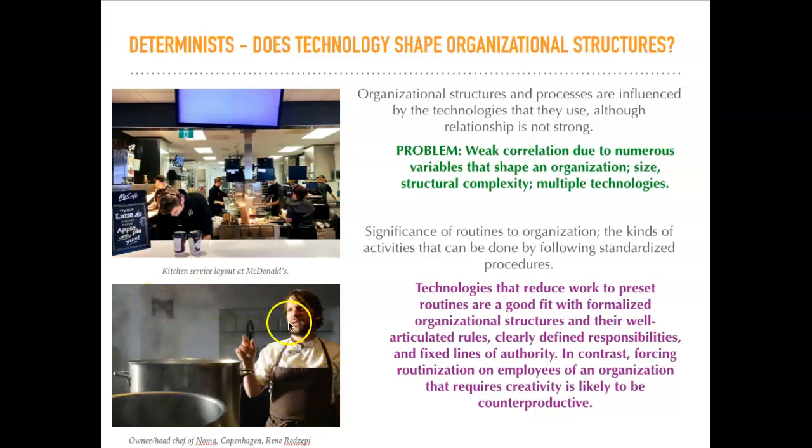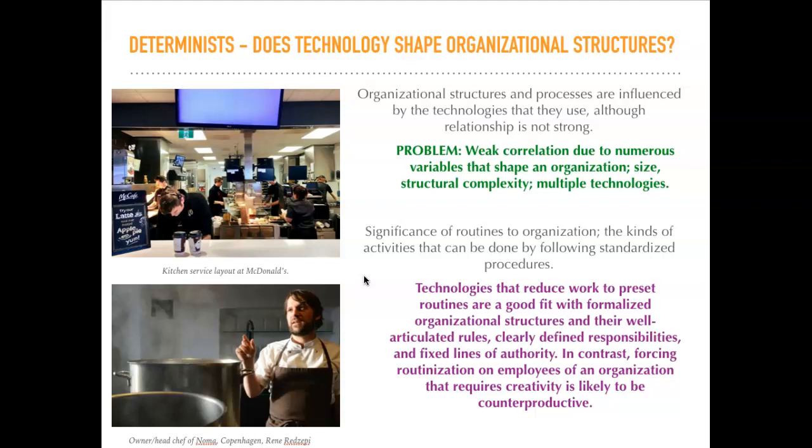In fact, it's just Redzepi with some big pots, and he looks very contemplative and like he's thinking up what exciting things to do next in his restaurant. And here, it might be said that the technology shapes how Redzepi and his restaurant work.